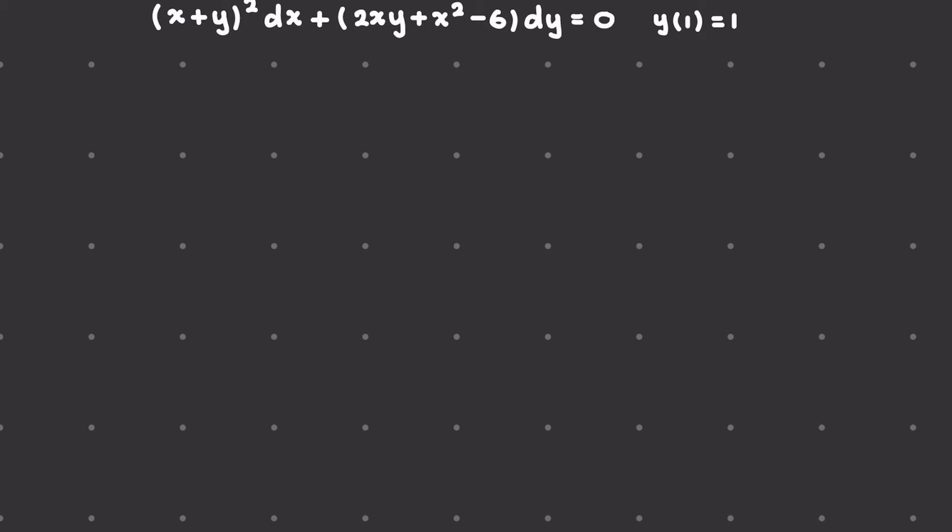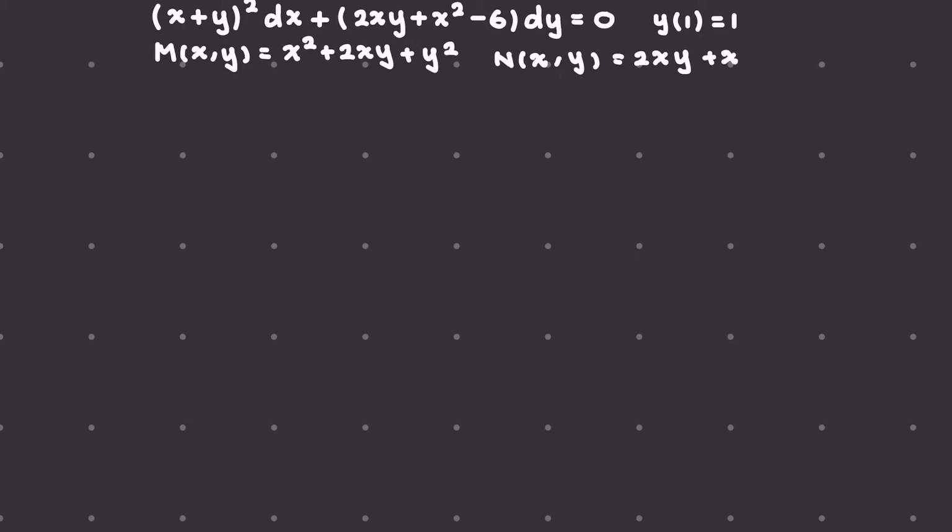Let's start by defining our variables, which is M(x, y), and I would like to expand the one in the bracket, becoming x squared plus 2xy plus y squared, and our N(x, y) will become 2xy plus x squared minus 6.